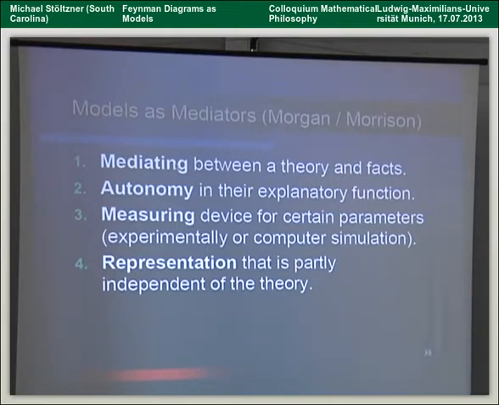So you can experiment with them physically or with thought. I would say they give you some independent confirmation or disconfirmation. They help you to formulate your theory. And then there's a representation that's partly independent of the theory.